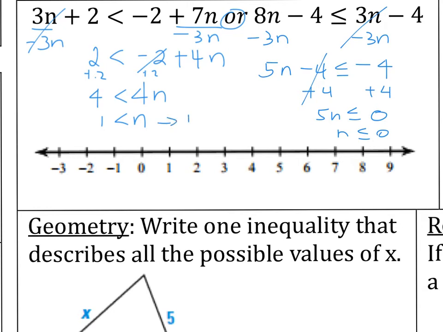I'm going to rewrite this as n greater than 1 so it's easier to see. So 1, and we want everything to the right. And for this one, we want 0 inclusive and everything to the left. So your final answer would be n greater than 1 or n less than or equal to 0.